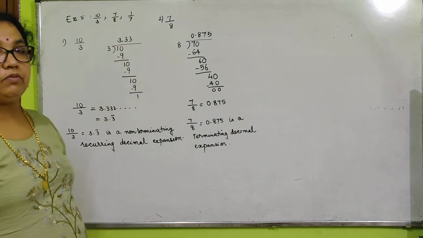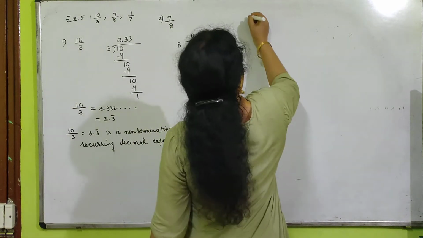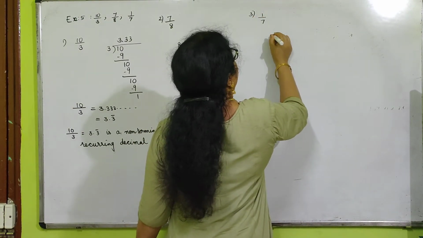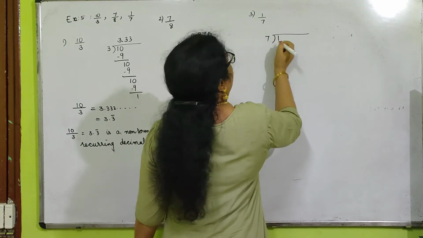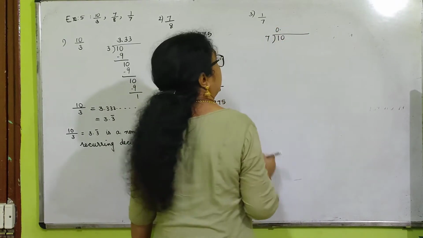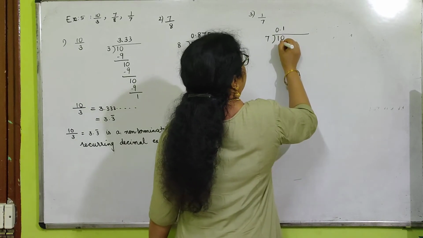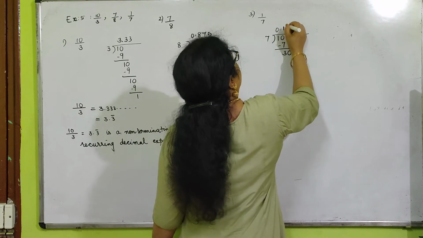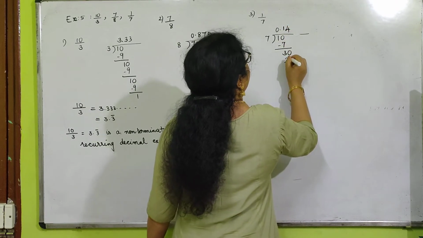Now what is the next one? 1 by 7. In the same way, you have to divide 1 by 7. 1 is smaller than 7, so we put 0 point, then 10. 7 ones are 7. 10 minus 7 is 3. Then put 0, 30. 7 fours are 28.